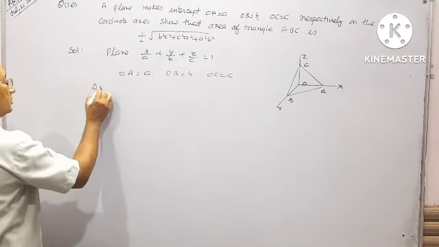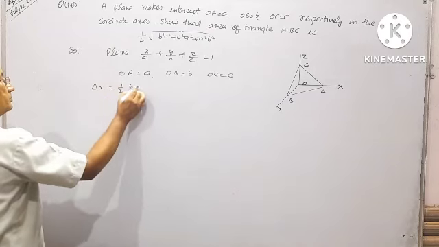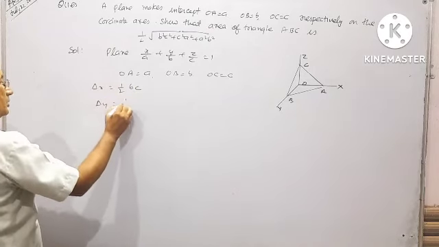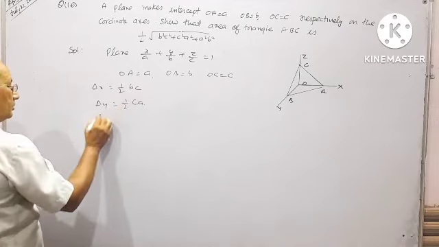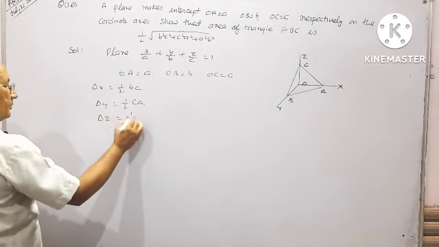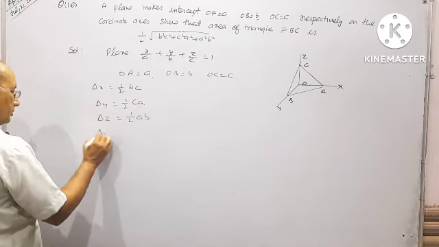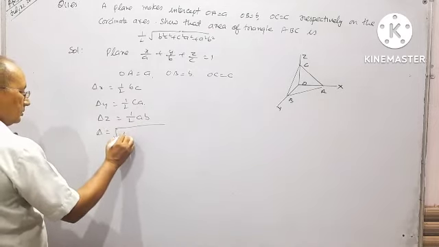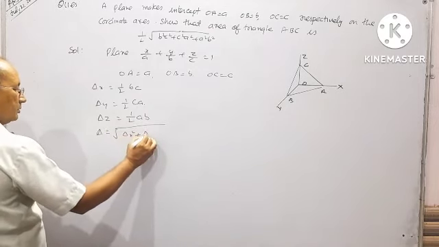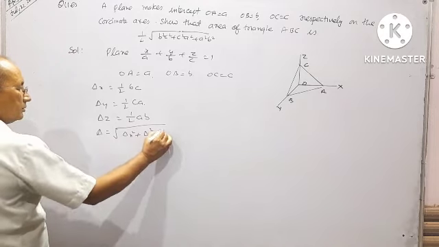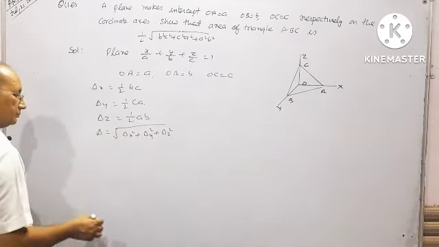Delta x equals half BC, delta y equals half CA, delta z equals half AB. Area of triangle delta equals root of delta x square plus delta y square plus delta z square.